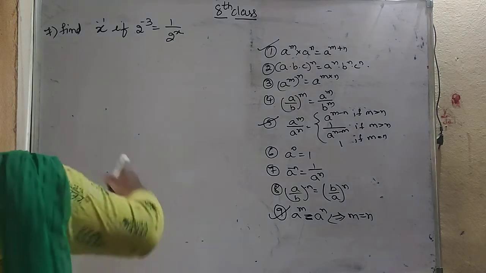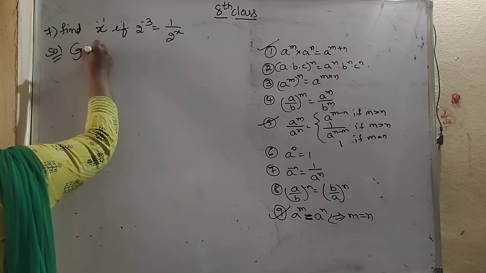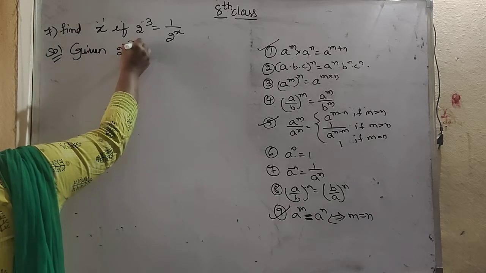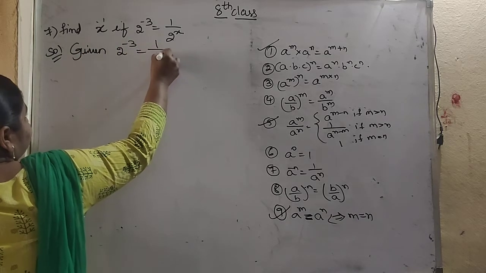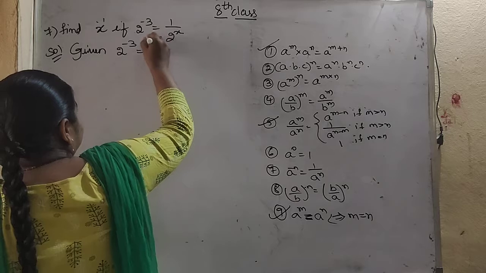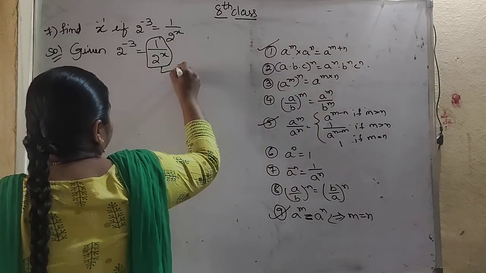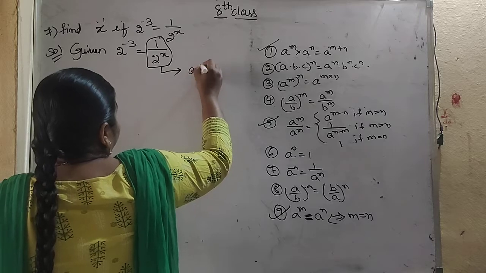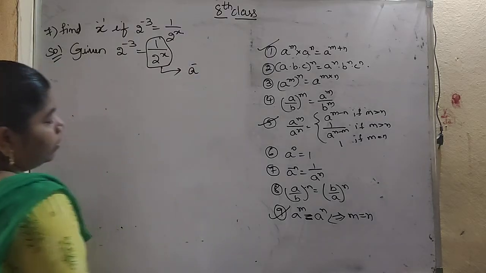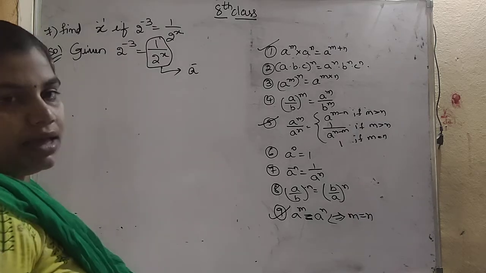Now first write the given equation. We have to find the x value. So given 2 power minus 3 is equal to 1 by 2 power x. I already told you that I am simplifying this part. If I can write this value as a power, we already know the formula: a power minus n is equal to 1 by a power n.